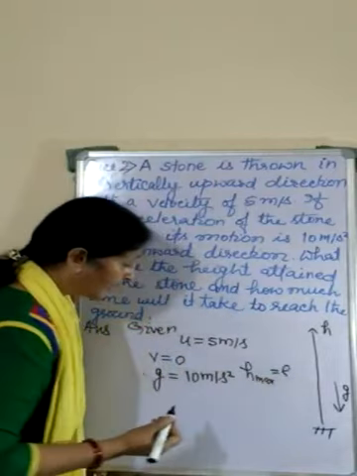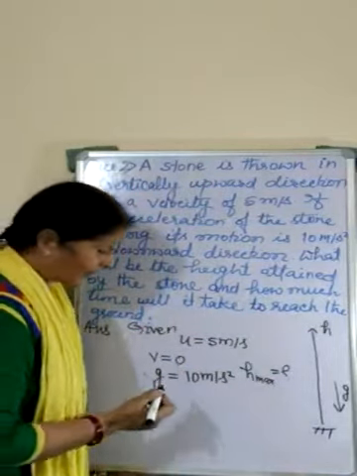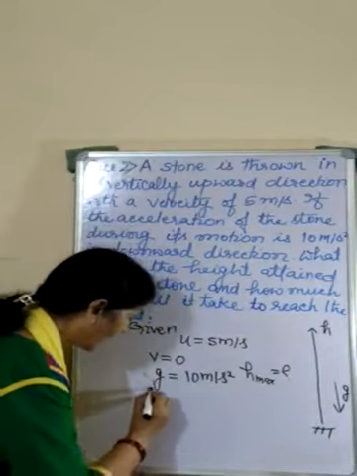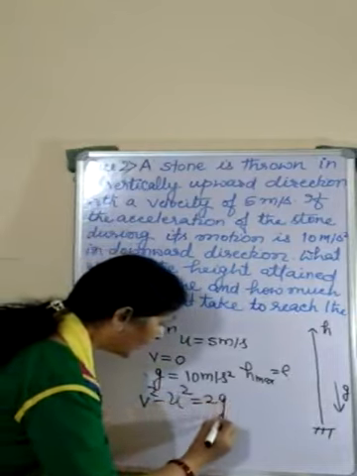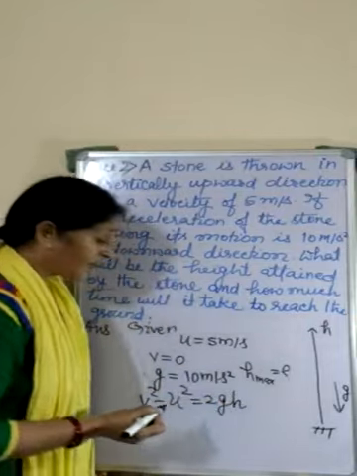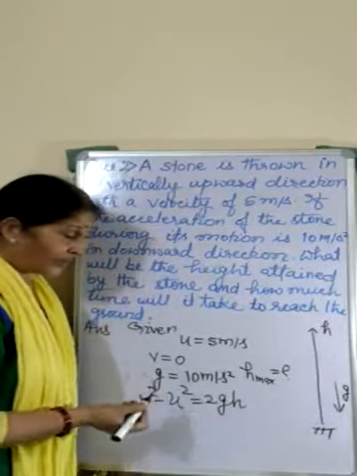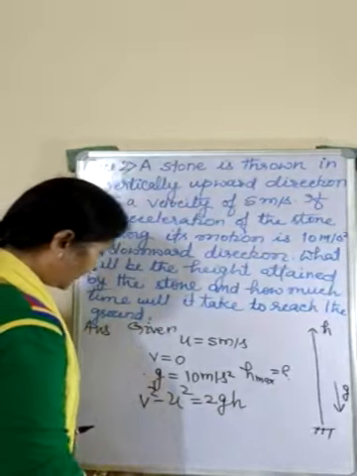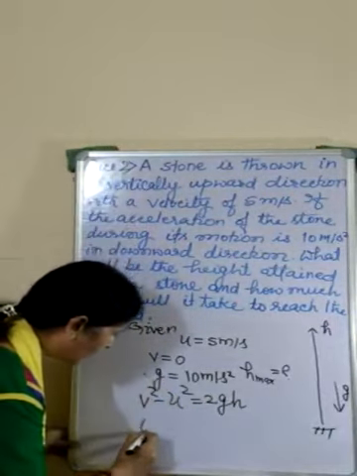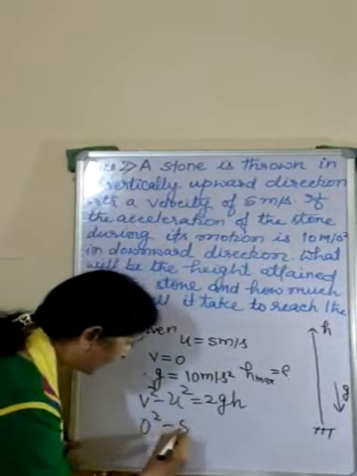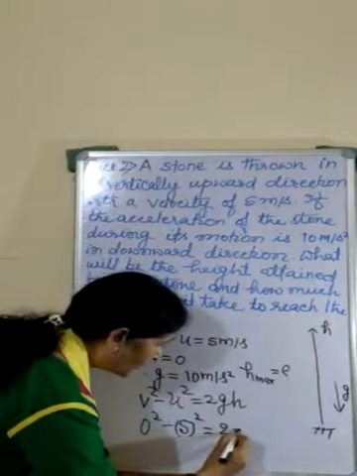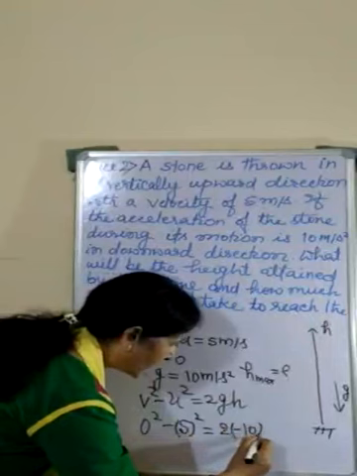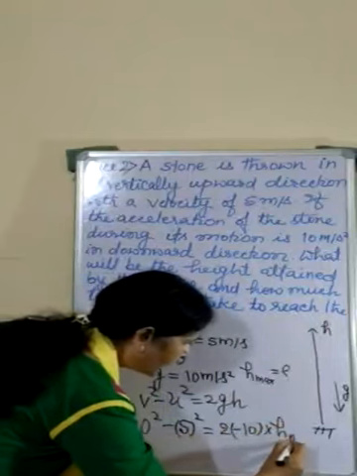Now I think you will say the formula v square minus u square is equal to 2gh will be used. Now put the values. 0 square minus 5 square is equal to 2 into minus 10 into height maximum.